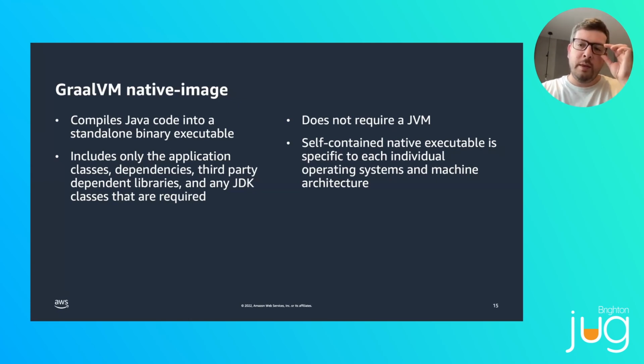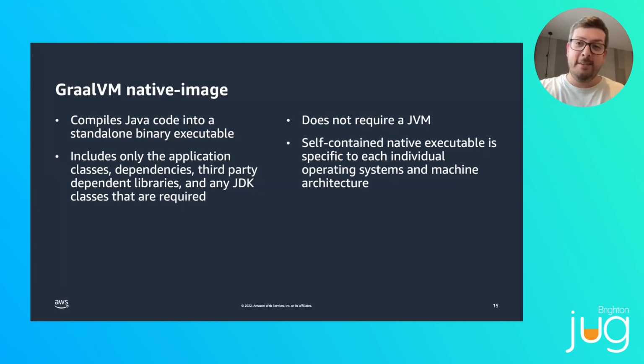And then the interesting thing about native image is that it will do all of the optimizations during the build phase. So unlike the JVM, which has this warm-up phase, GraalVM native image does all of its optimizations ahead of time. So you get a very flat performance profile. So it's really interesting for Lambda workloads.